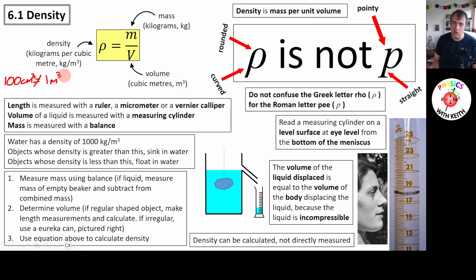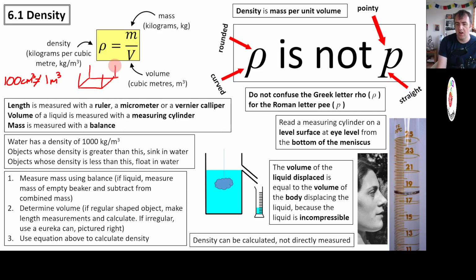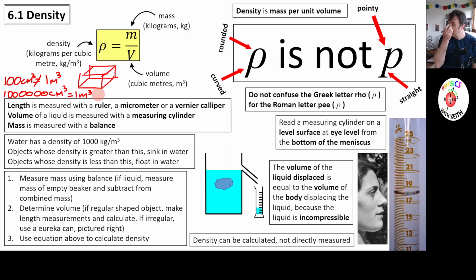It's just not true. 100 centimetres is 1 metre, but 1 cubic metre is 1 metre times 1 metre times 1 metre. So it's 100 centimetres times 100 centimetres times 100 centimetres. So 100 times 100 times 100 is 1 million. 1 million cubic centimetres is 1 cubic metre.